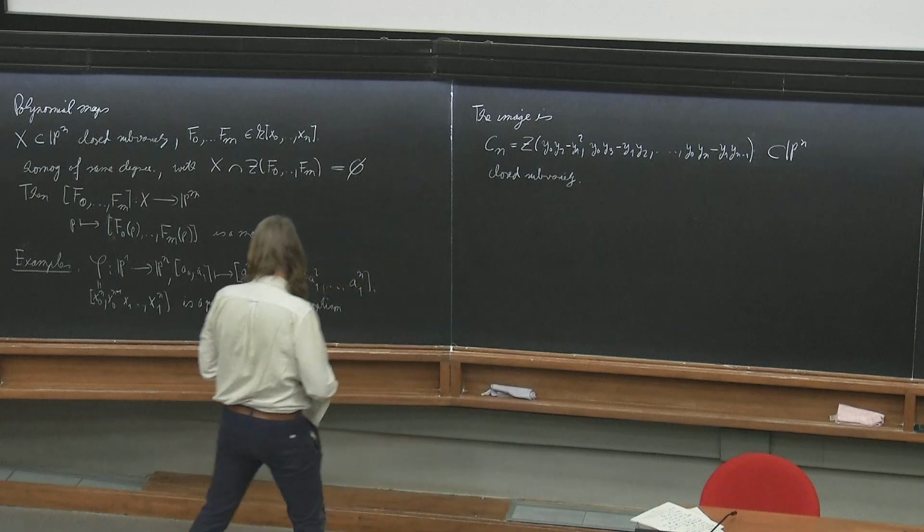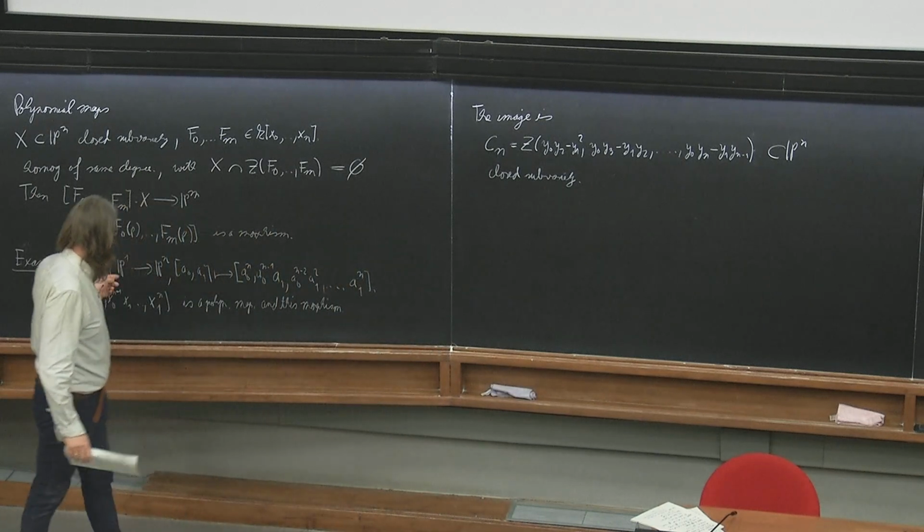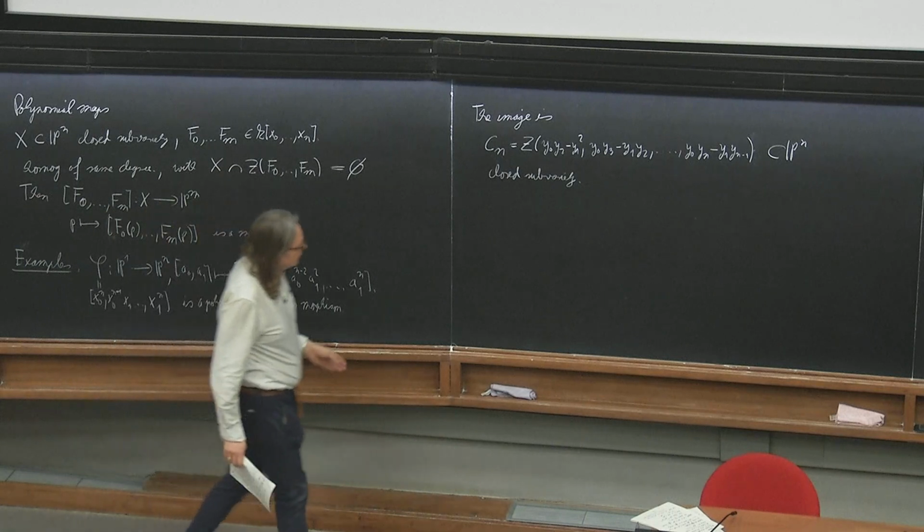It's irreducible because it's the image of this P1, which is irreducible, under a morphism.